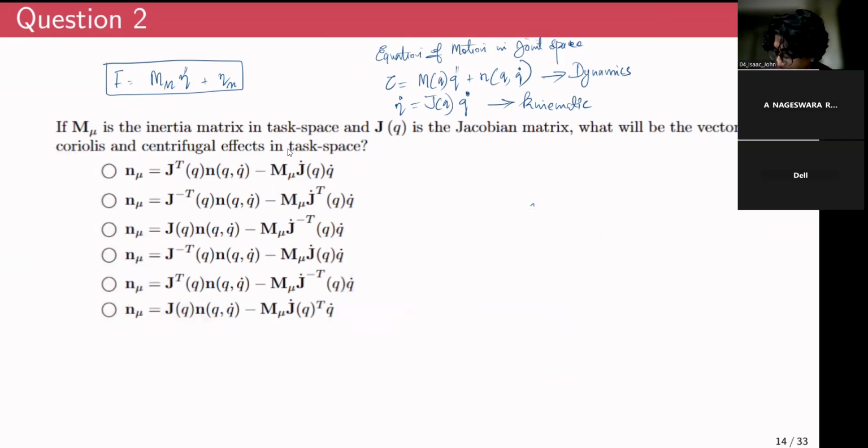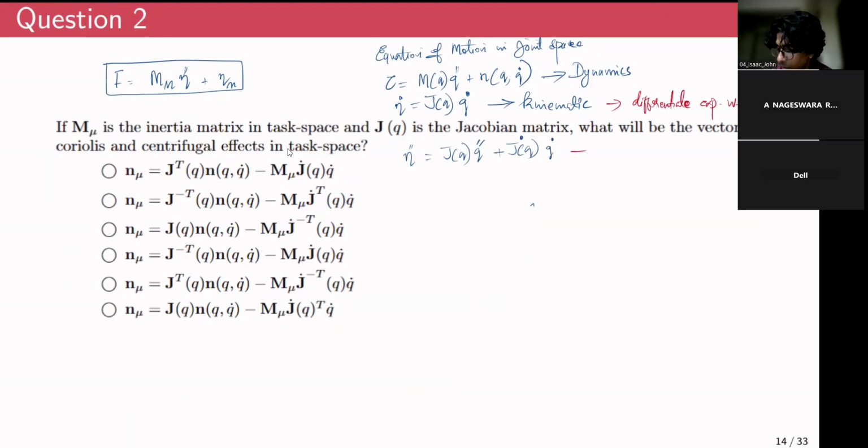So if I differentiate this expression with respect to time, you will get eta double dot equals J of q multiplied by q double dot plus J dot of q multiplied by q dot.